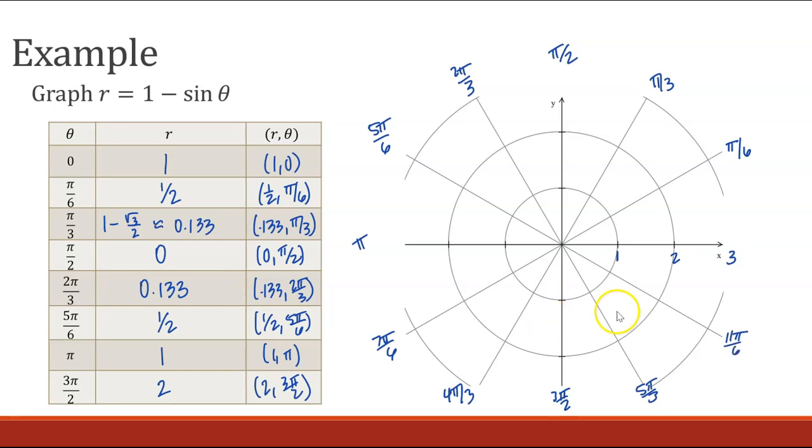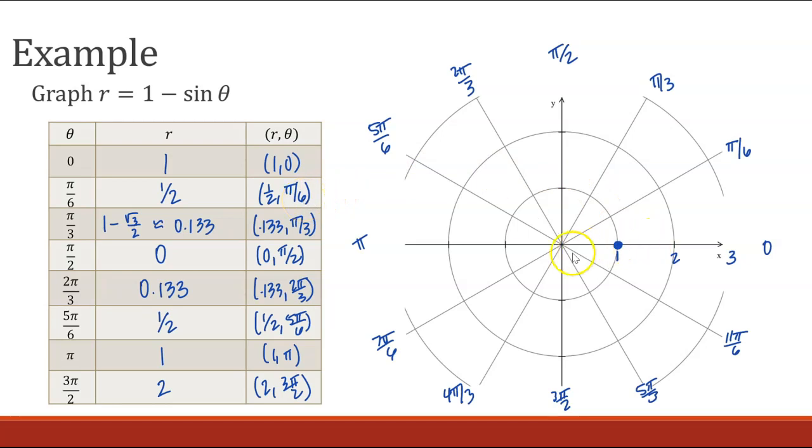So the pi over 4 angles are not included here. At least they're not marked, right? So here we would go to the angle first. The angle is 0, right? And we would go 1 unit towards 0. So that first point is right here.